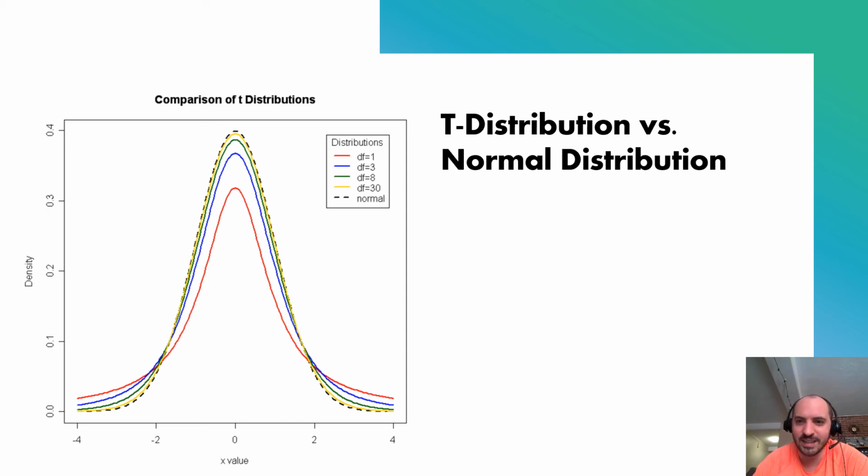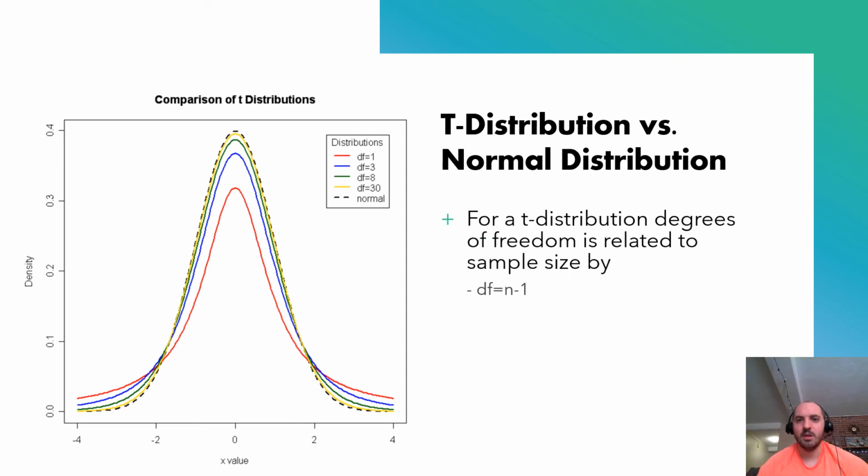So this dotted line. The way it works is your degrees of freedom is going to be one less than your sample size in these problems. So the higher the degrees of freedom, the larger the sample size, the more sure you are of your intervals. It's going to make your t-distributions get closer and closer to being approximately normal themselves.